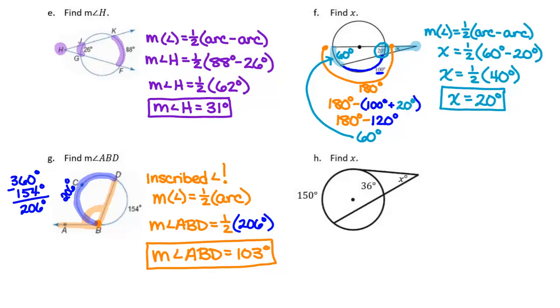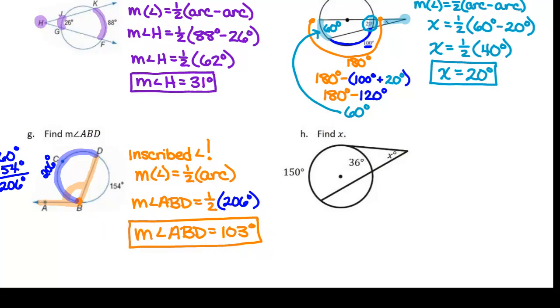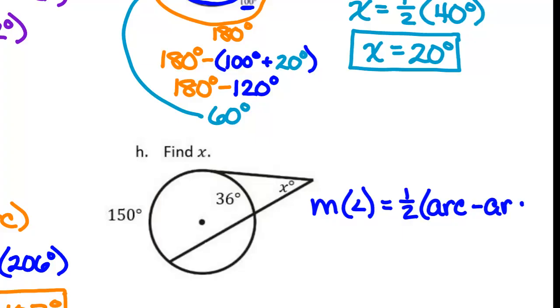One more. Central, inscribed, inside or outside? Outside. So for my outside angle, we have the measurement of the angle is equal to 1/2 times arc minus arc.